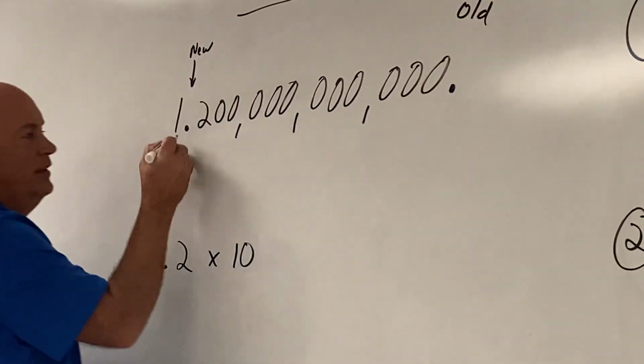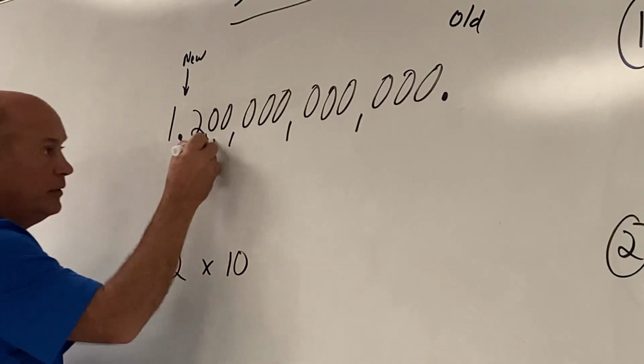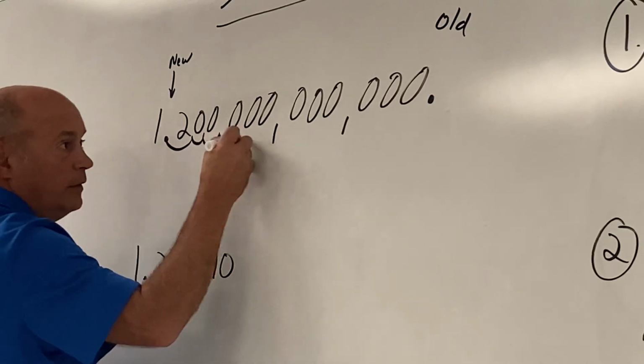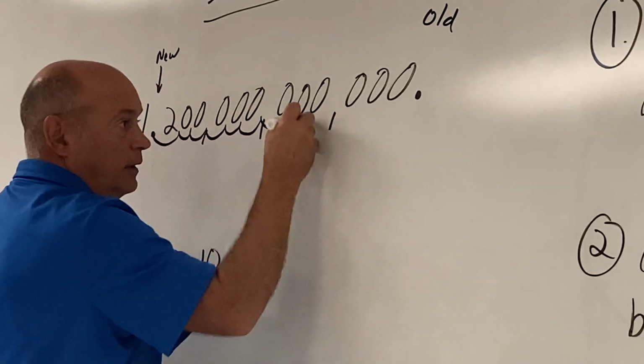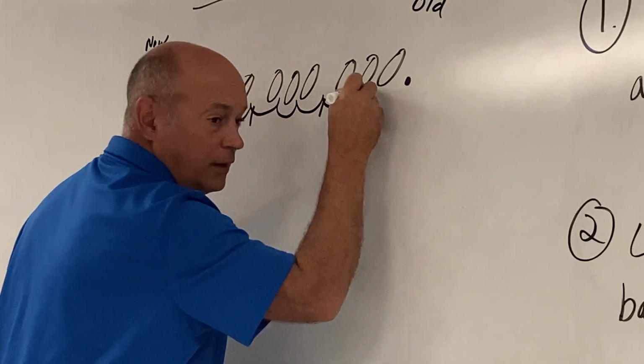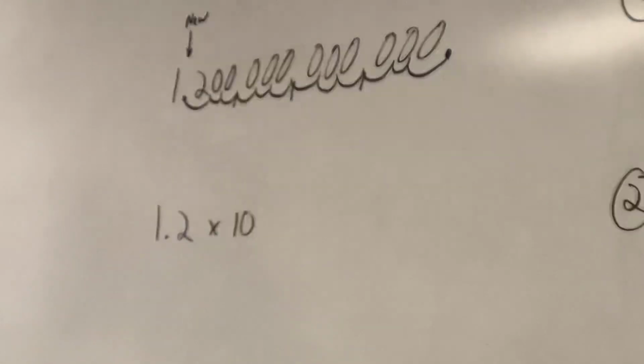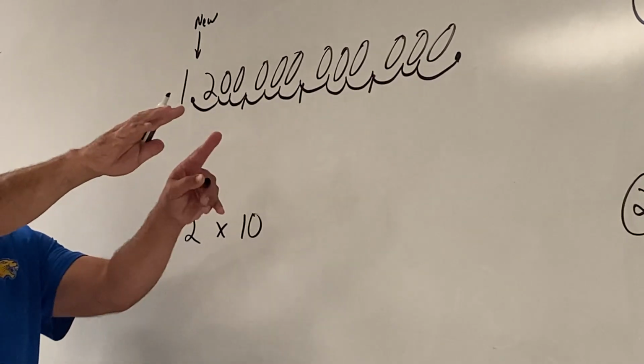Let's start counting. Every time you pass a number, let's count. Together, please. 2, 3, 4, 5, 6, 7, 8, 9, 10, 11, 12. Very nice. You stayed on cue perfectly. How many times did we count? 12.